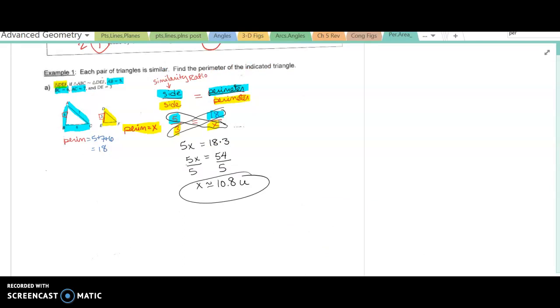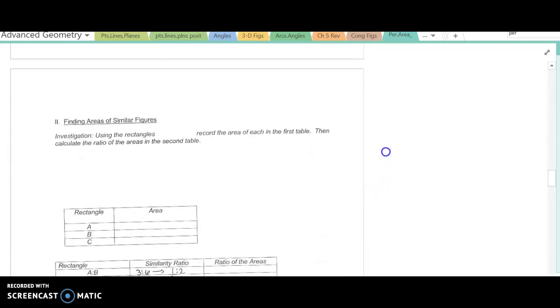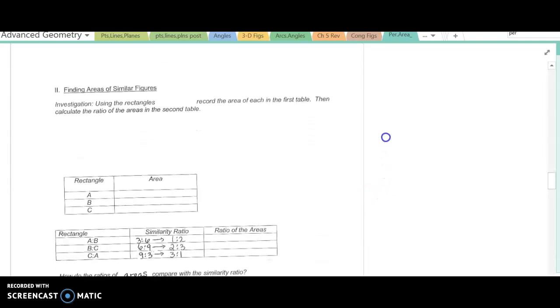So now we know how the perimeters work. Let's go to our next investigation, and this time I wonder how the areas are related. I wonder if they're the same ratio or if they're different ratios. We're not going to do the full investigation. Let's go back to our rectangles.